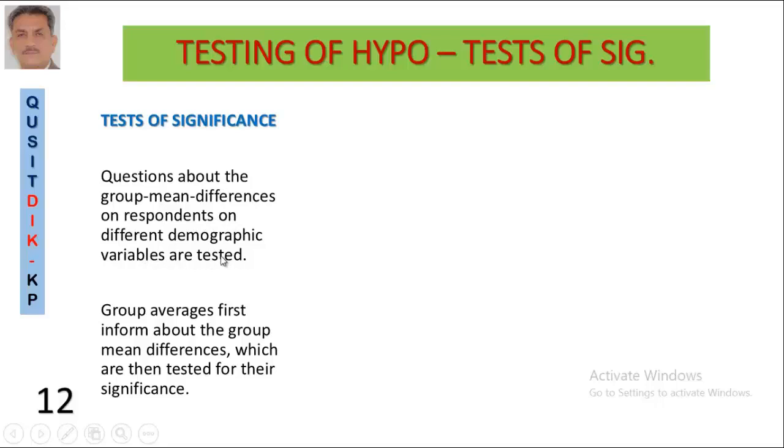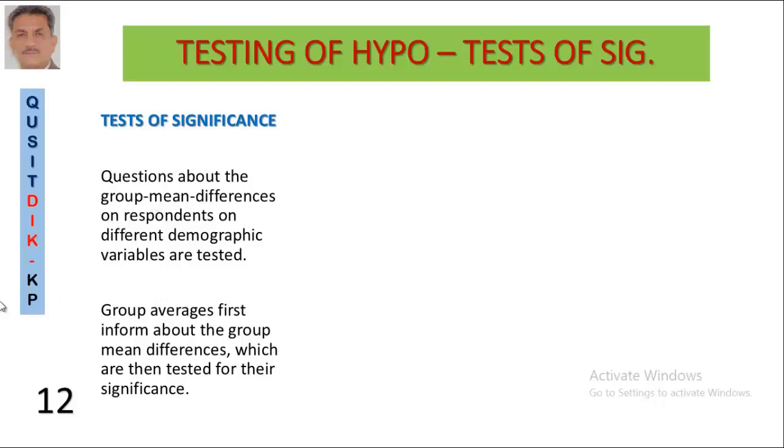There can be group mean differences between people of different designations like staff and officers, gender like male and female, experience-based like seniors and juniors. So we have to know about the significance of group mean differences, because while making decisions this information is always useful.